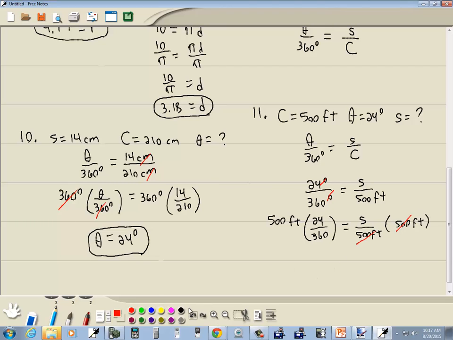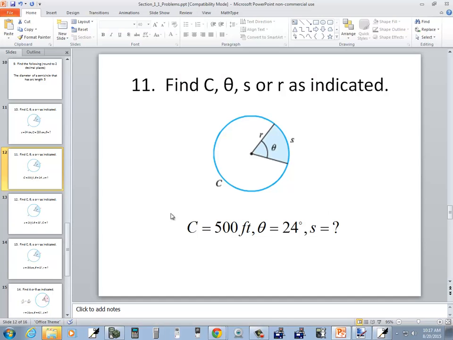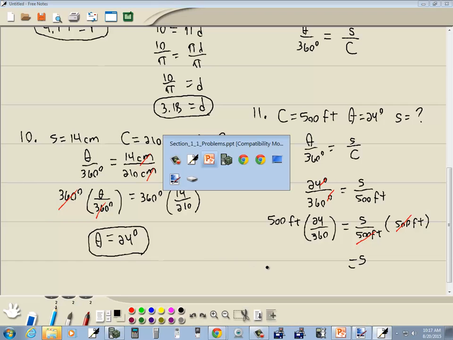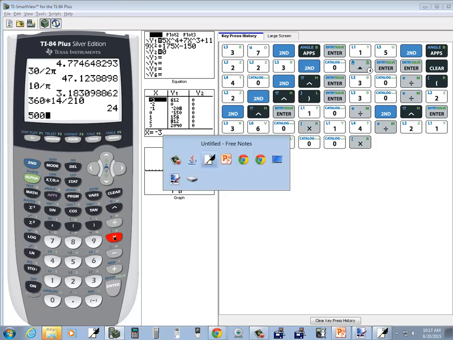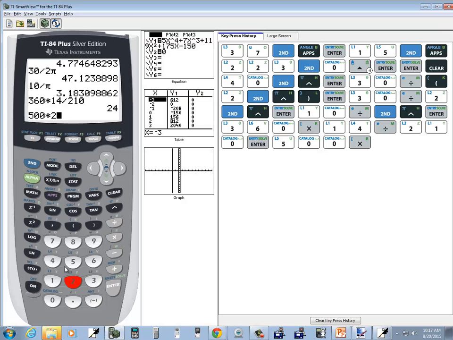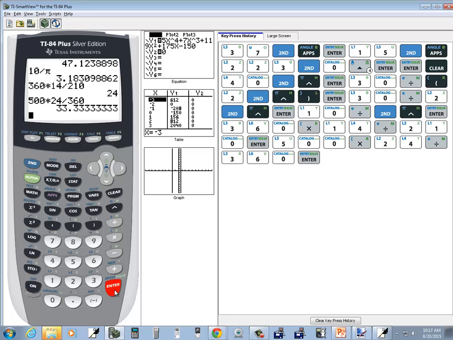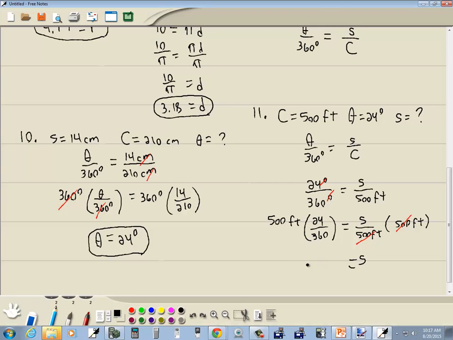So those are going to cancel. And I'm going to plug this in. Probably won't come out nice, I'm assuming. Let's see, 500 times 24 divided by 360. Enter, and we get, I'll take it to 2 decimal places, I guess. We got 33.33 feet.